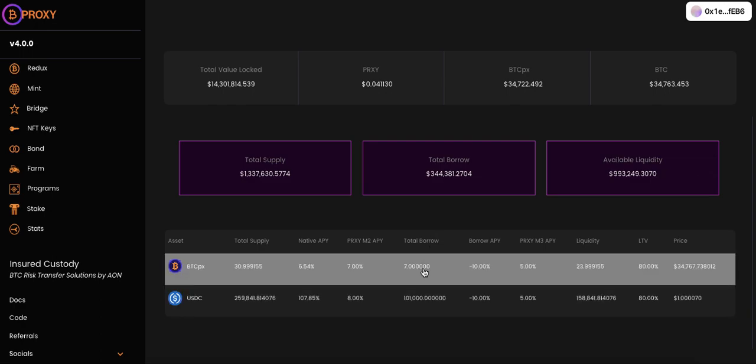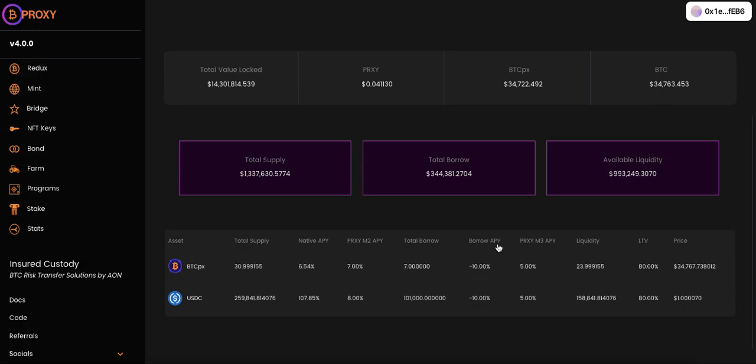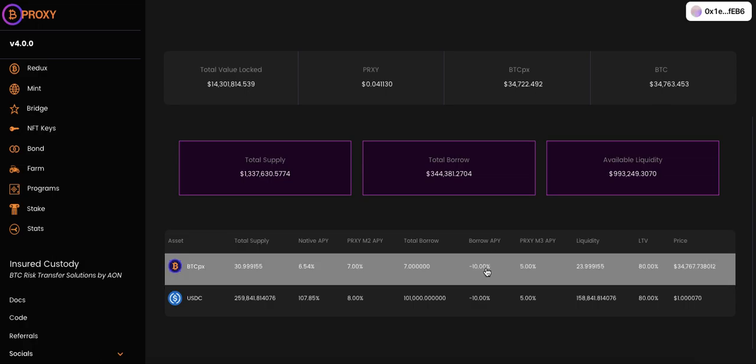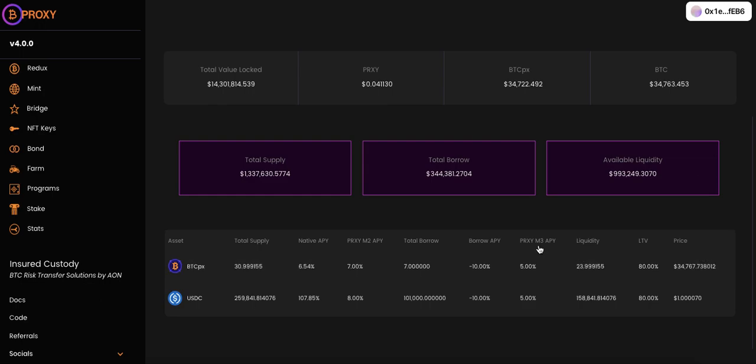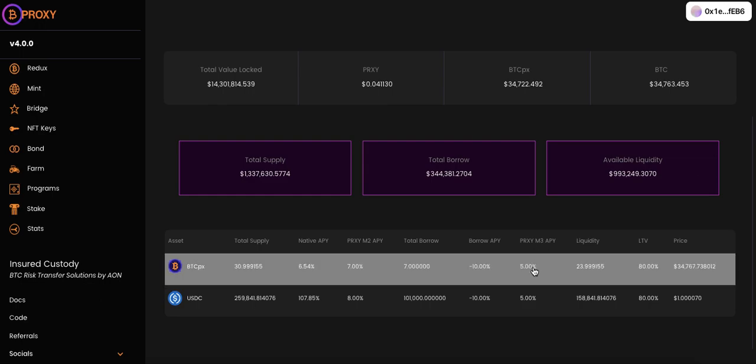Total borrows and the borrowing cost, or the interest rate, which is denoted by a negative, at negative 10%, and the proxy mode 3 APY. This mode is a reward rate that's given to borrowers to offset the cost of borrowing.